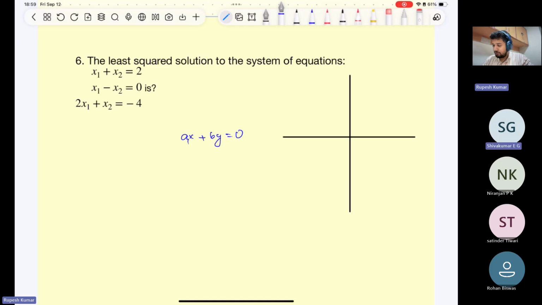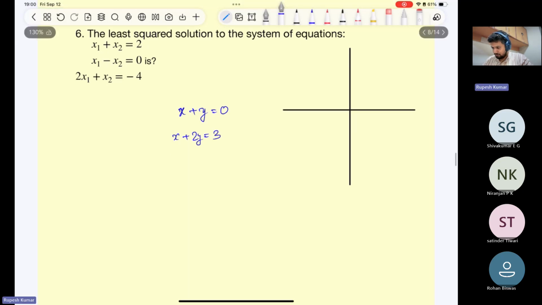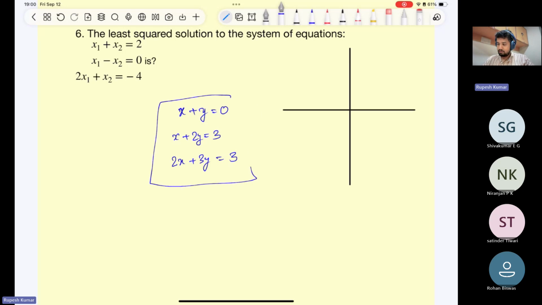Let me take concrete examples, right? Let's say one equation is X plus Y equals 0. The second equation says X plus 2Y equals 3. And let's say the third equation says 2X plus 3Y equals 3. Let's try to solve these systems of equations, right?